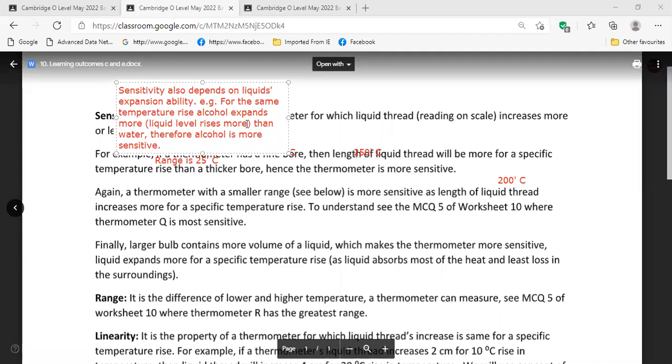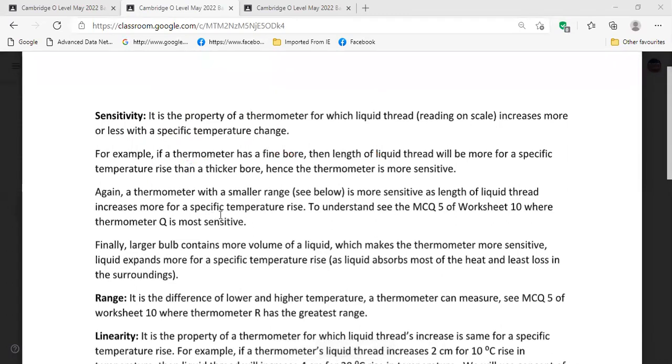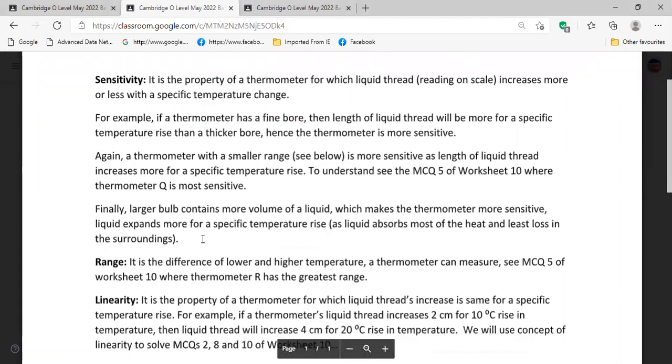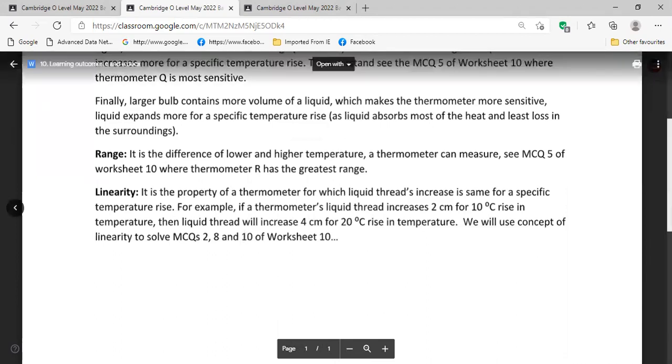So, Monica, you take this snap. Sensitivity also depends on the liquid's expansion ability. Range we already discussed a little bit. Now you see the definition.